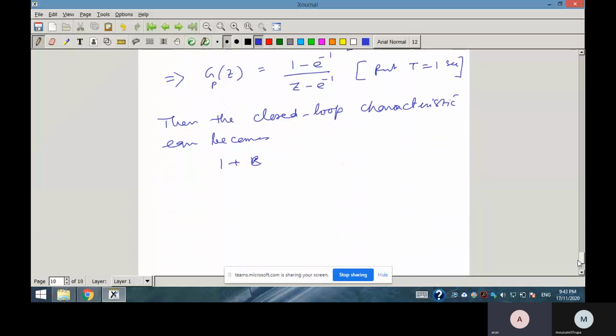Yeah, negative feedback system. 1 plus G(P)(Z) into C(Z) equal to 0. This means 1 plus G(P)(Z) is what? (1 minus e to the power minus 1) divided by (Z minus e to the power minus 1) into C(Z), with K equal to 0.